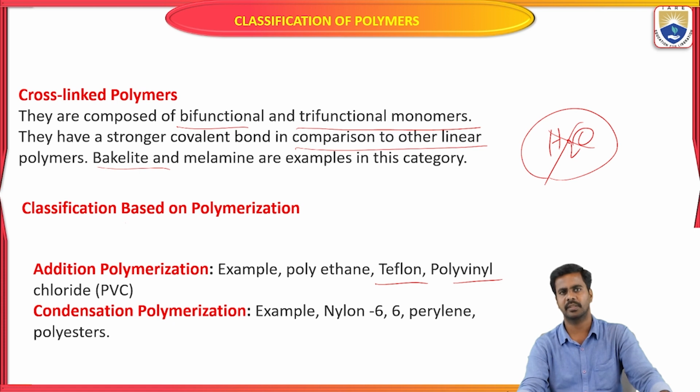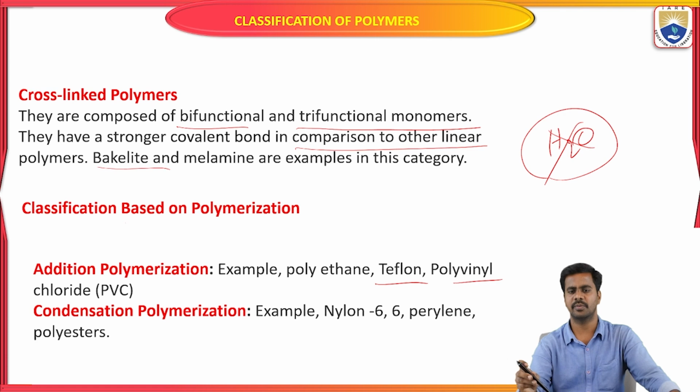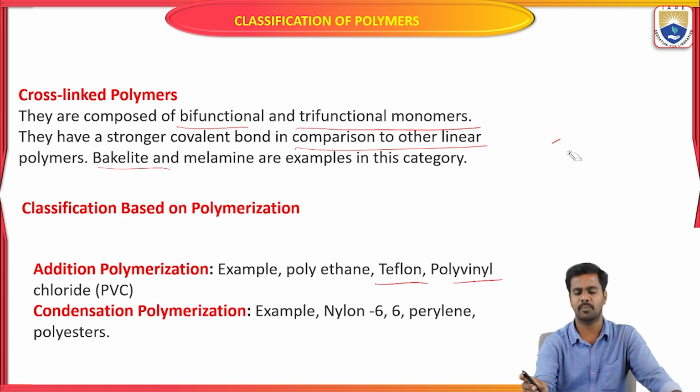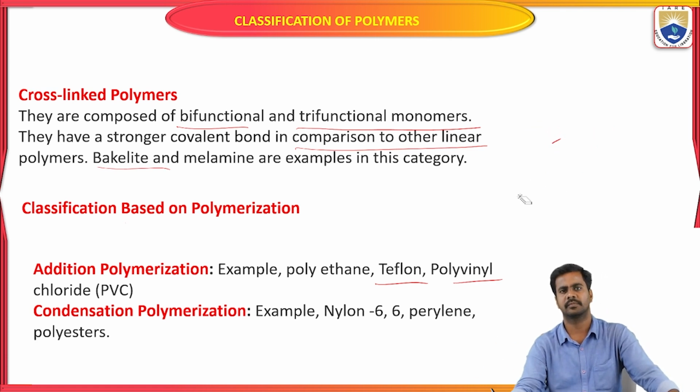Whereas in a condensation polymerization reaction, a polymer is formed by the combination of simple molecules which are the same or different with elimination of micromolecules or byproducts.